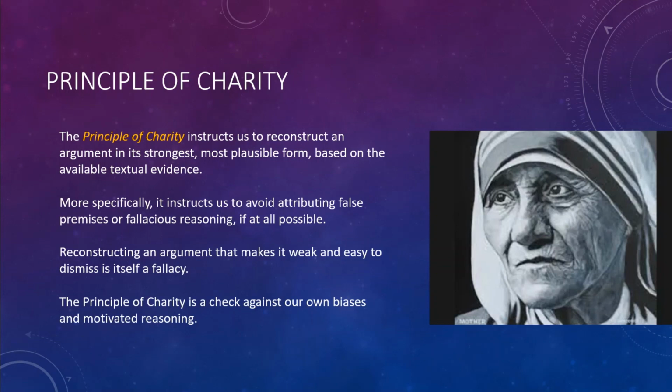And we want to be able to evaluate an argument because we're considering whether we should adopt the position ourselves. So if we want to do that, and we want to do that honestly, we should follow the principle of charity. We should always reconstruct another person's argument in its strongest, most plausible form.